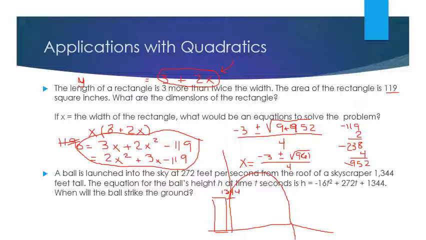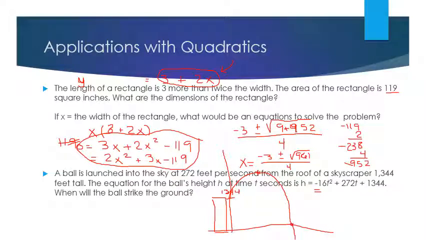Now this is upside down, which makes sense because we've got a negative 16t squared here. And we know that the vertex, or the maximum for the ball that's launched into the sky, is going to be right there, but that's not what they ask us for. They want to know, when does it hit the ground?